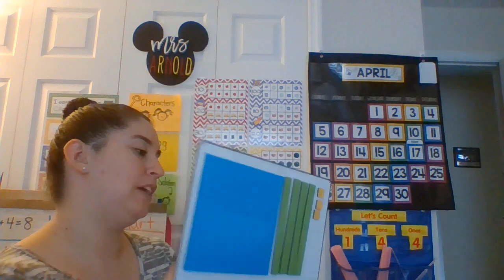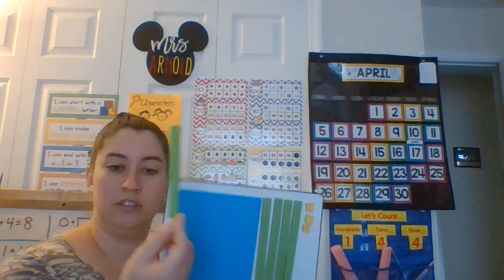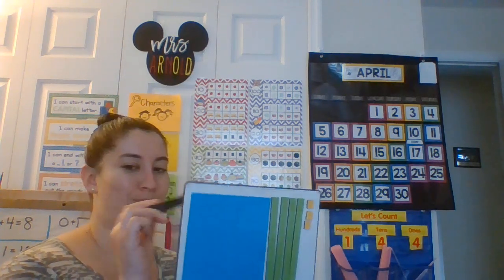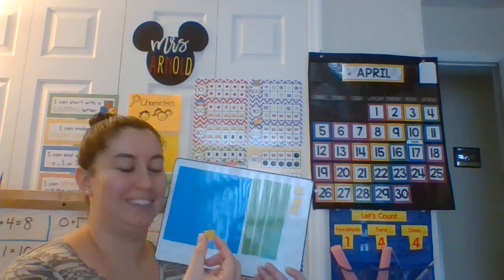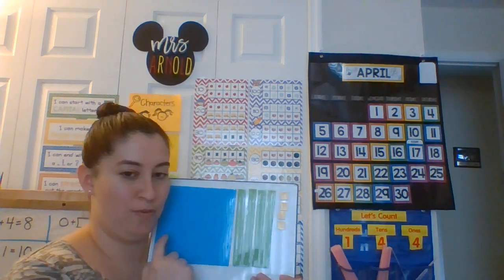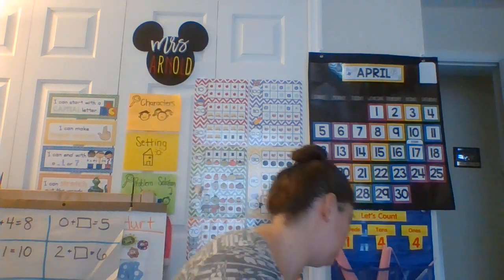What color piece should I add? Should I add a green piece? Would that make 144? No. A yellow one? Yes, now we have 144. Good job.